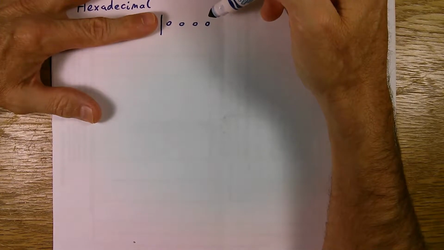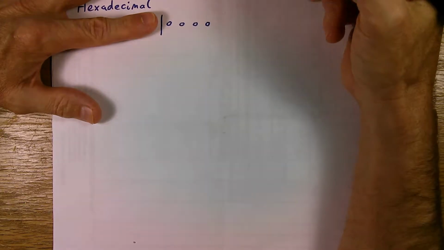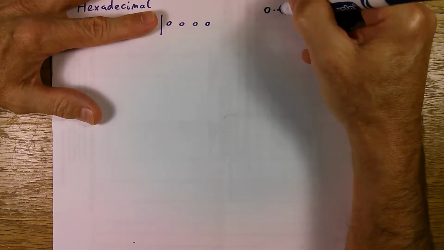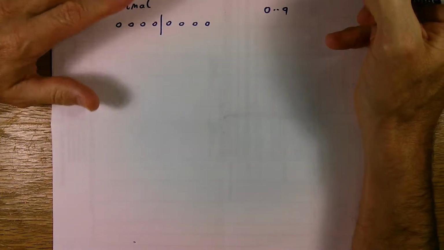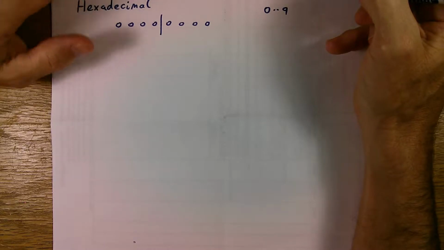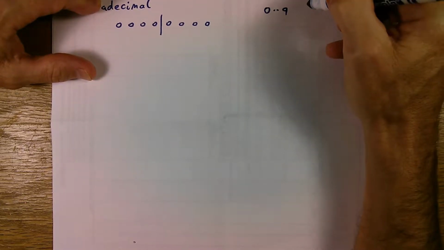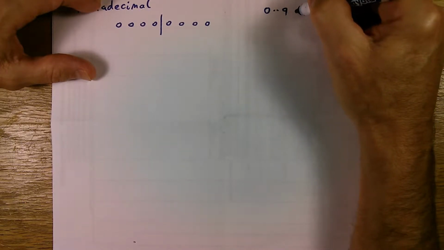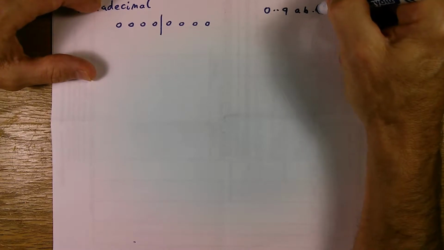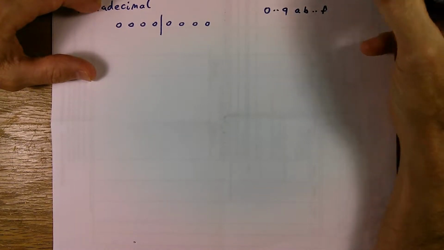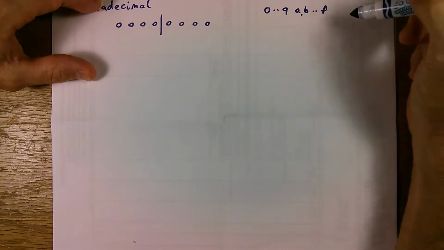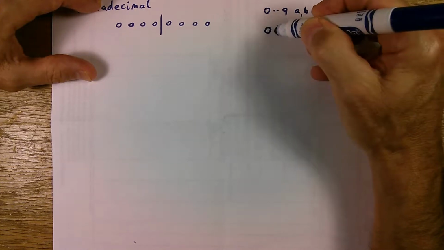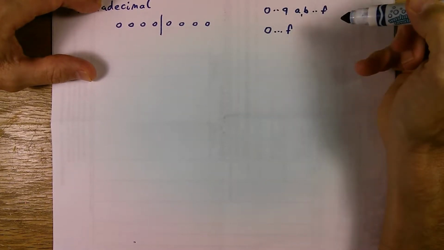So there's 16 different combinations that we can use, and we'll denote them with our decimal numbers, so we can go from 0 to 9, for the first 10, but we have 6 more left over. So how do we represent those upper 6 digits for the hexadecimal number? Well, we represent them with A, B, through to F. And it could be upper and lower case as well. So our hexadecimal numbering system goes from 0 to F.